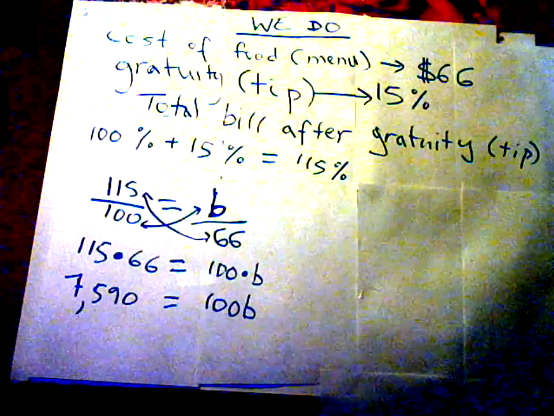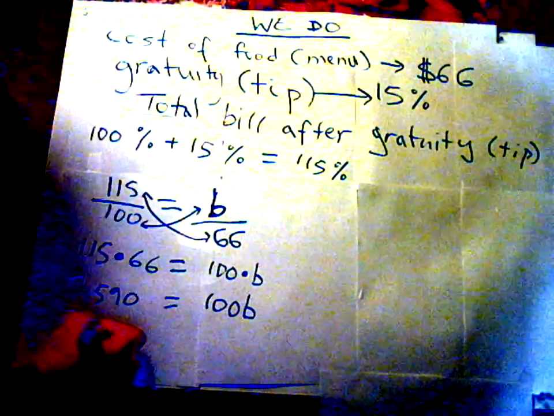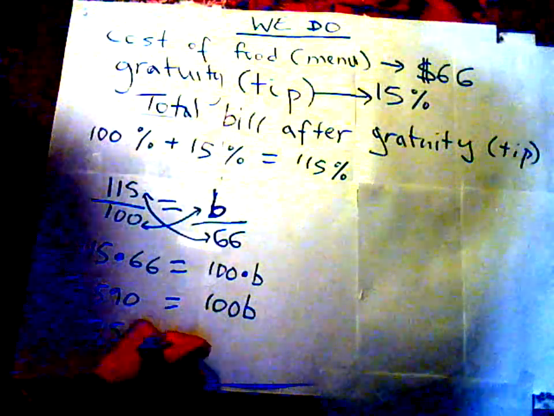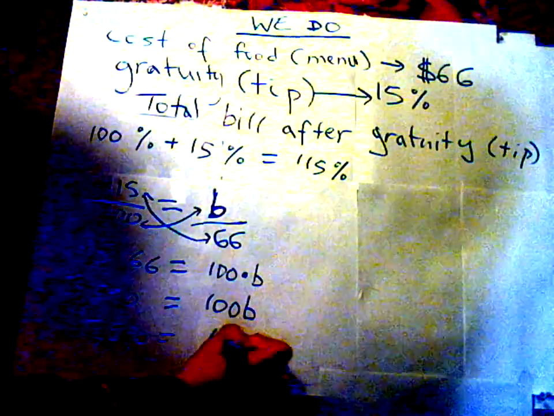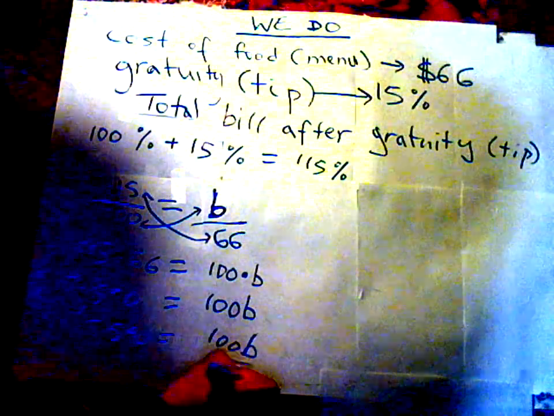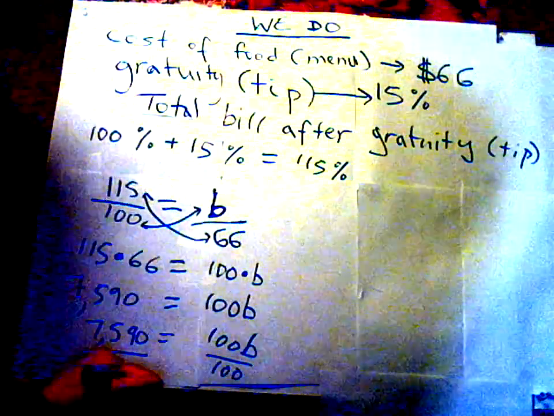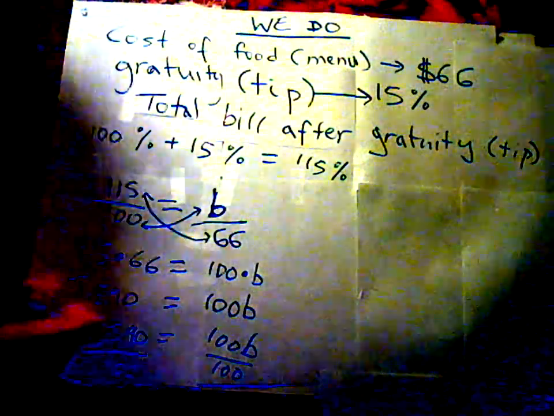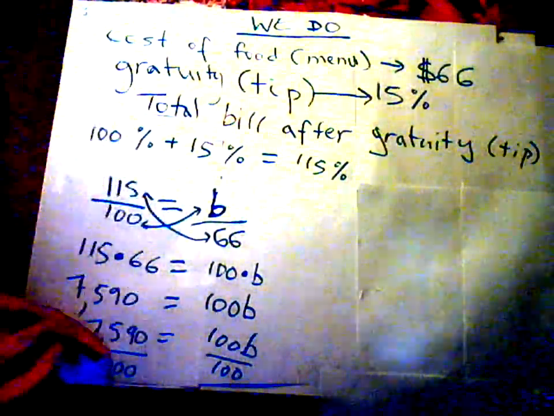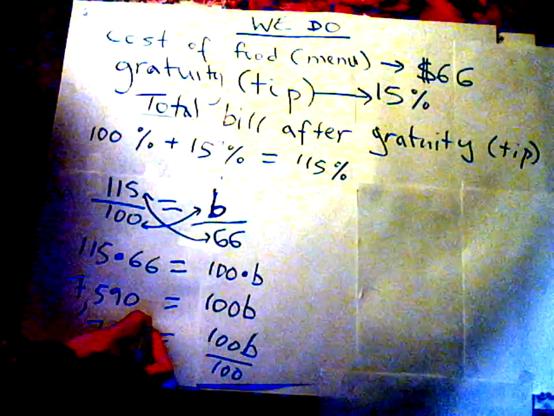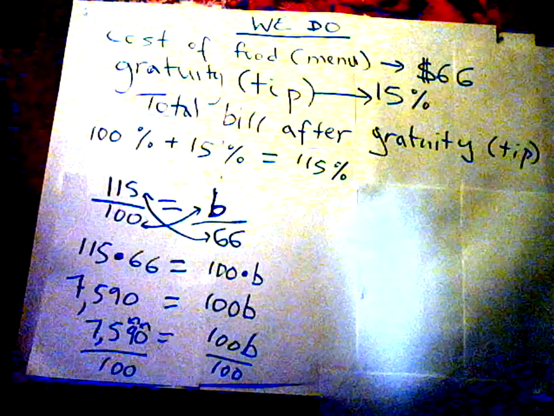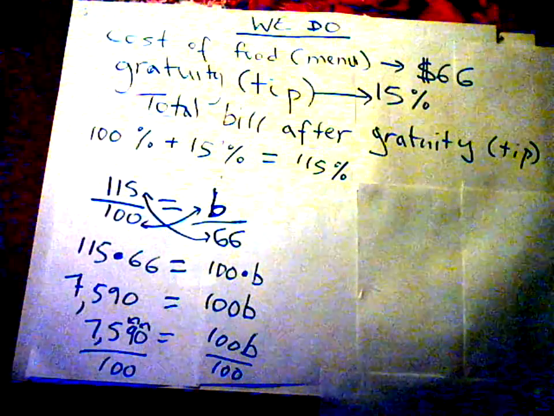Okay, and now I want to divide both sides of this equation by 100 in order to find B. Alright, and this is an easy calculation. So when we divide by 100, all we've got to do is start at the last digit and go back 2 places with that invisible decimal point.